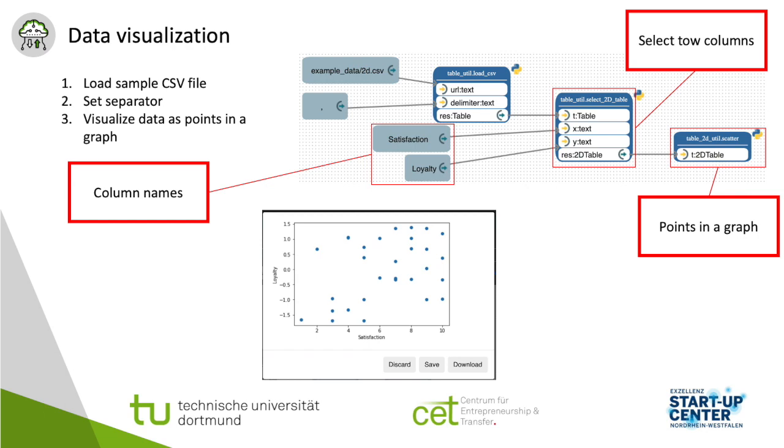The two column names are defined by text constant elements and connected to the inputs. After the rest of the data flow has been drawn, the model can be executed and will display the points of the 2d.csv in the graph.